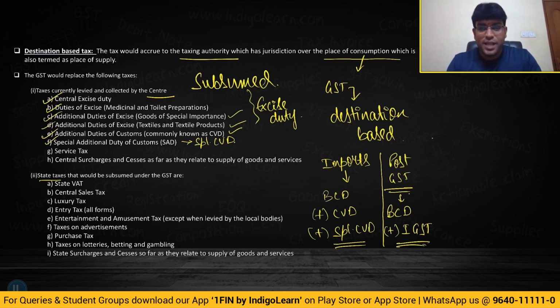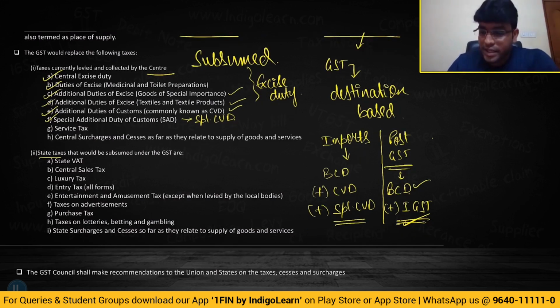So prior to GST, what was charged? BCD plus CVD plus special CVD. But now what is being charged? BCD plus IGST. Please have clarity on this point. High possibility a question can trigger. We'll come back to this once again very soon.